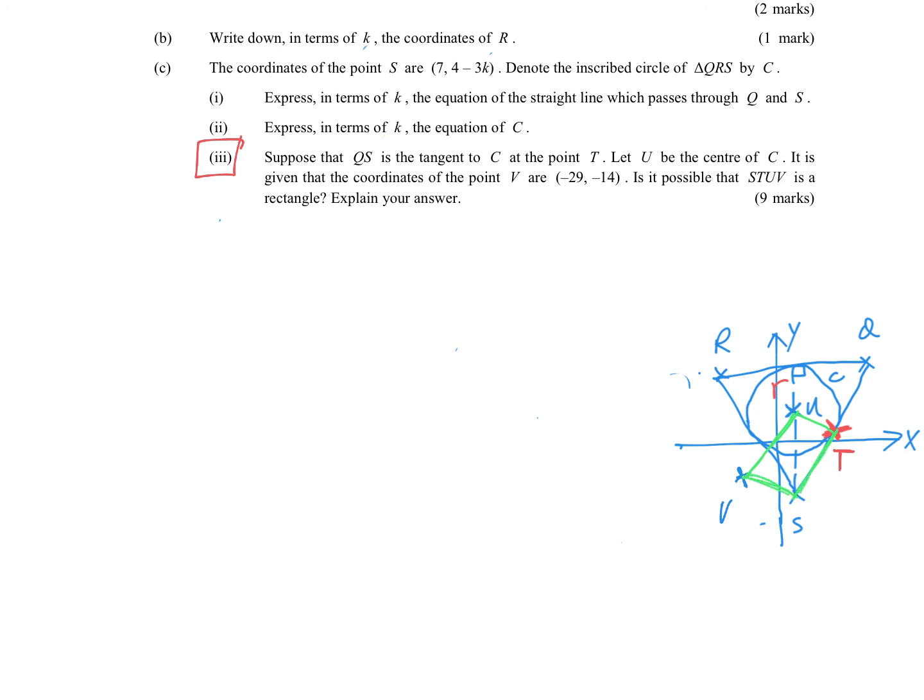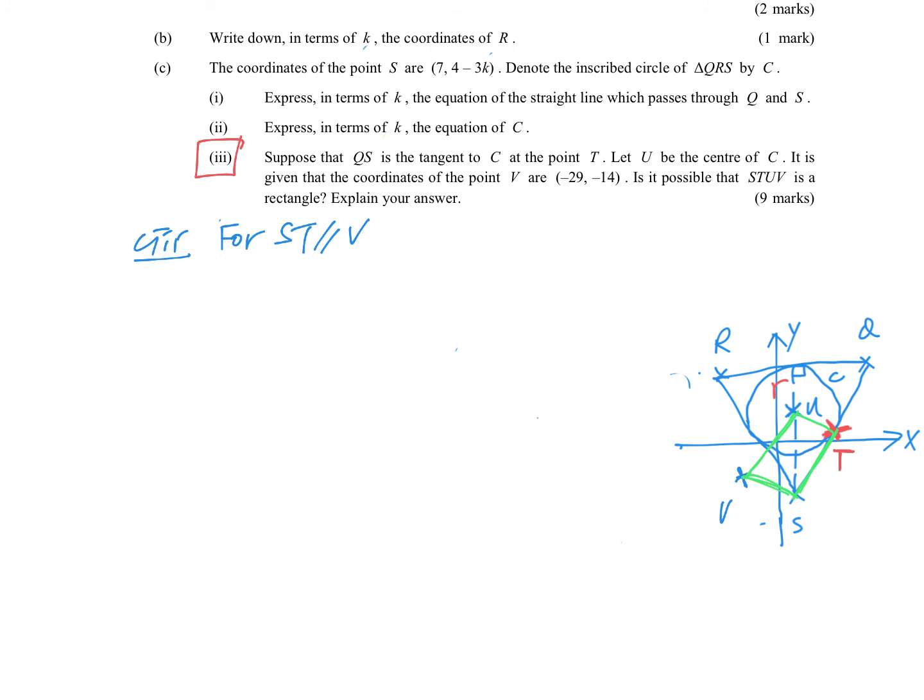Okay, would this quadrilateral actually be a rectangle? Don't forget we have V, and then S would be 7, 4 minus 3k. So, using the result from C1, in order to make STUV a rectangle, we need ST parallel to VU.